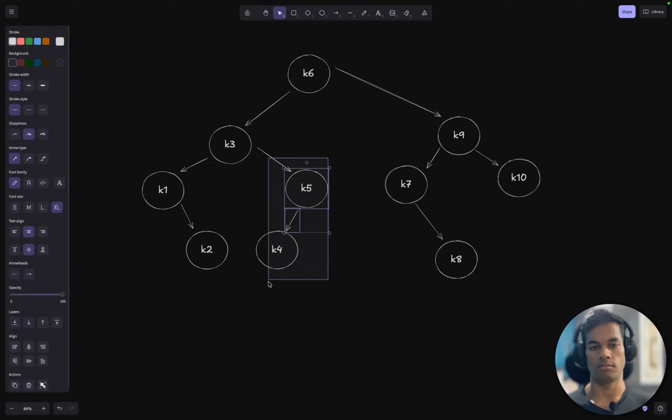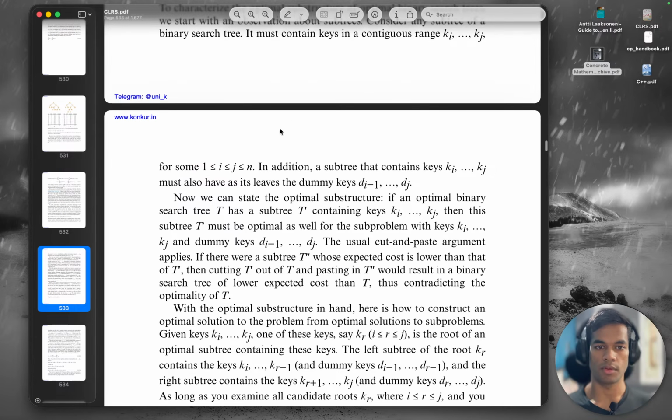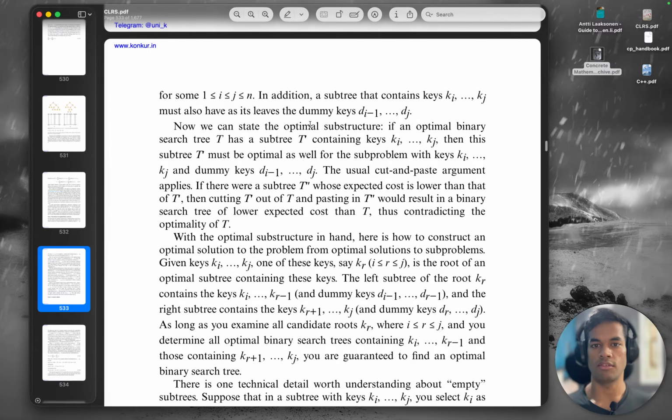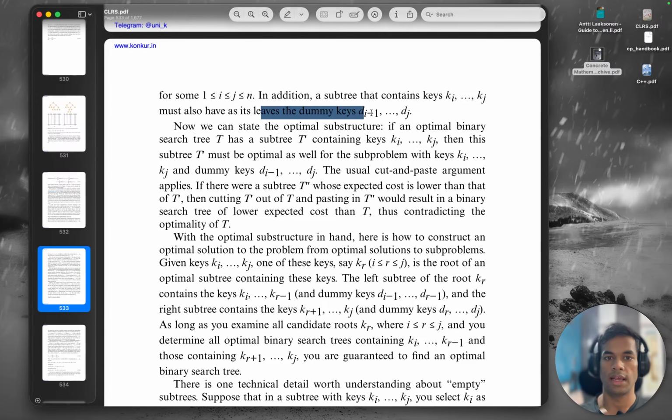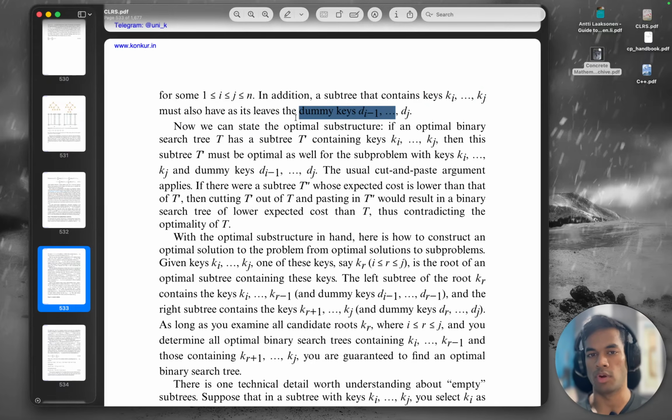Yes, it does, as we saw. So for some i and j. In addition, a subtree that contains keys i to j must also have, at its leaves, the dummy keys. Yep. Now we can state the optimal substructure.